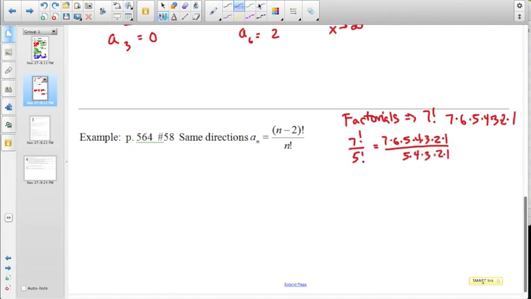And then we end up with that nice phenomenon of canceling. And so we're just left with 7 times 6. Sometimes people will write this as 7 times 6 times 5 factorial, and we'll just stop reducing the numbers until they match the factorial that's in the other portion of the fraction. And so this ends up being 42.